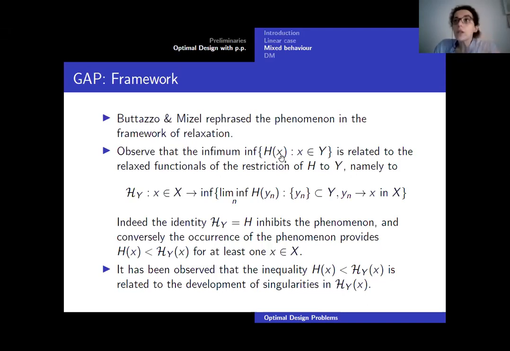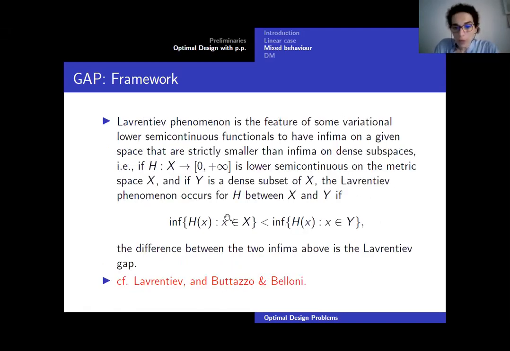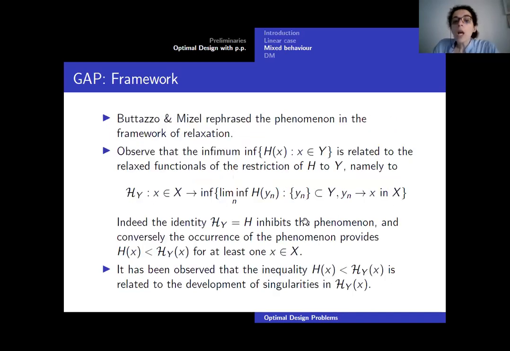Essentially, we don't have a Lavrentiev phenomenon, an inequality of this type, whenever we can prove that the relaxed functional associated to H, when we take sequences that approach X in capital X but just live in the dense subset Y, coincides with H. Of course, then there is no Lavrentiev phenomenon. So it is really crucial to understand which functionals H have this property and which don't.